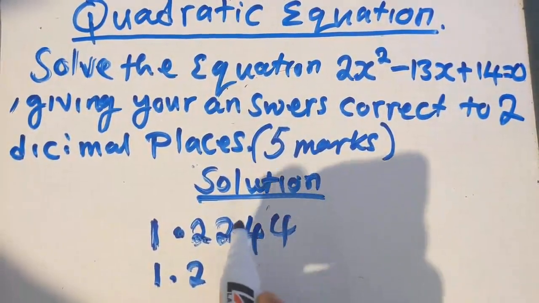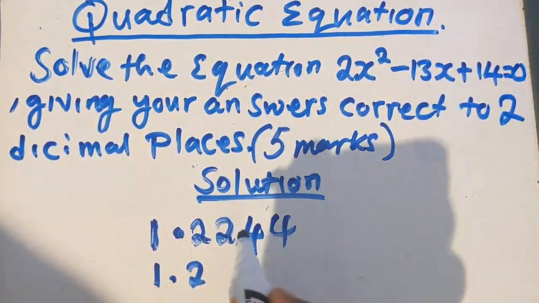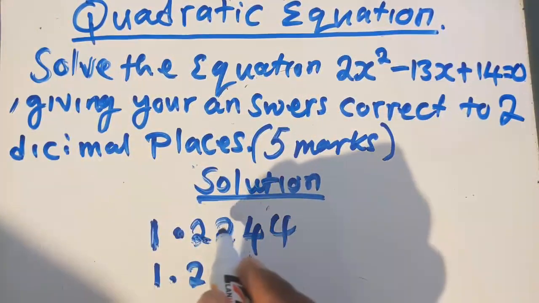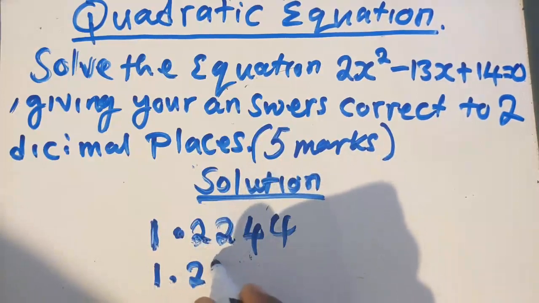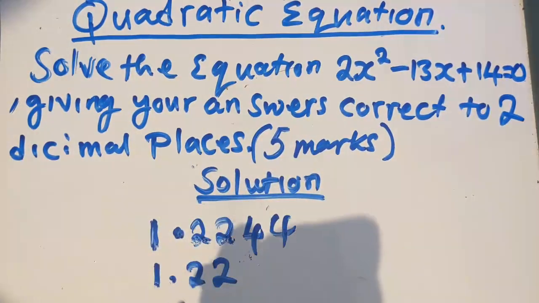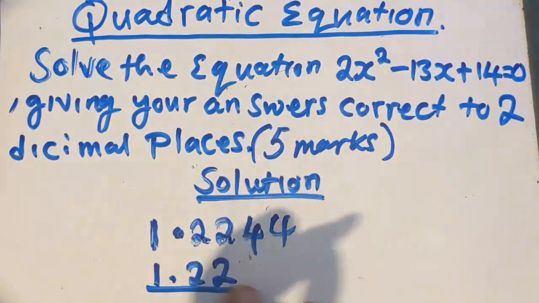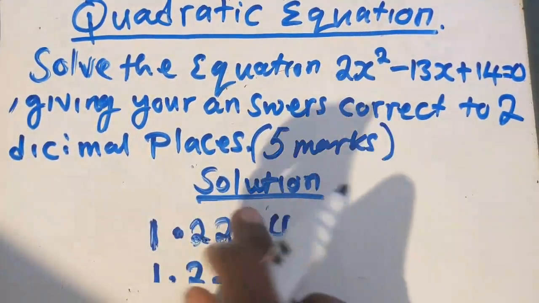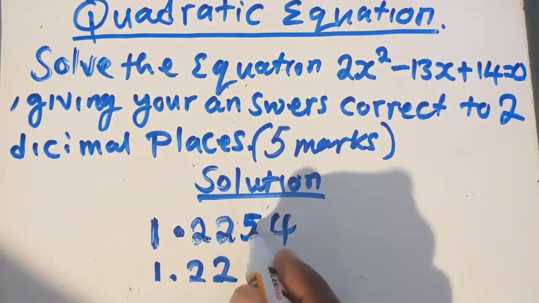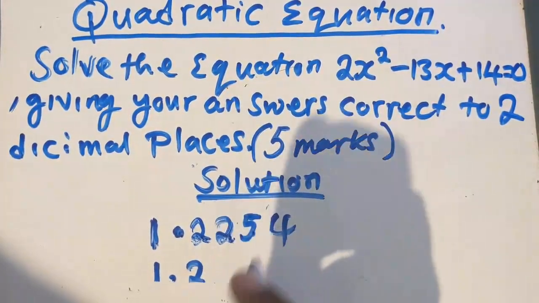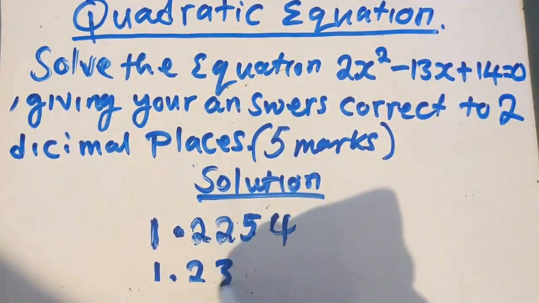Any number that is greater than 4, meaning 5 going up, you add 1 to the previous number. But in a case where you have 5, you need to add 1 to it like this.